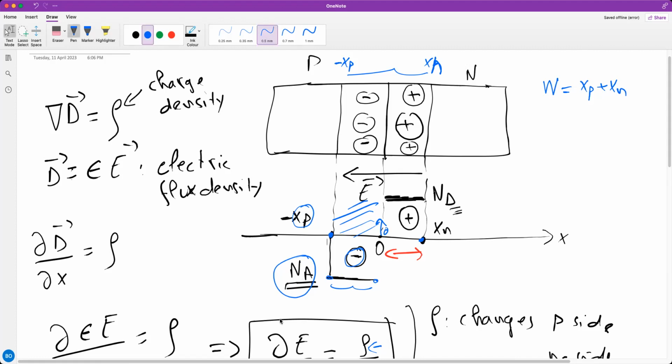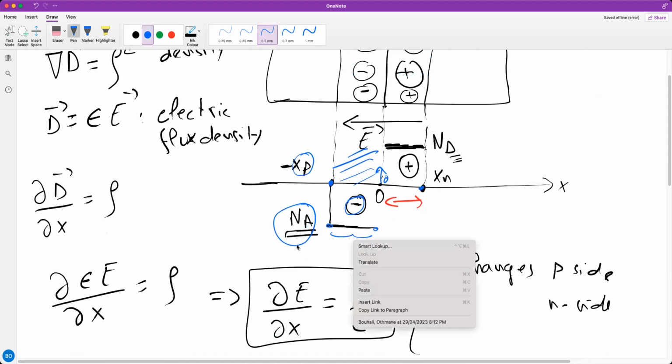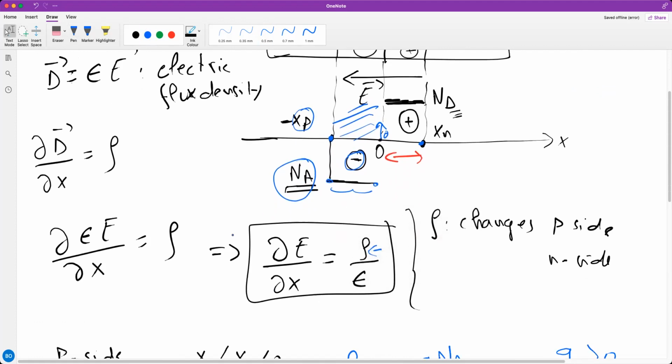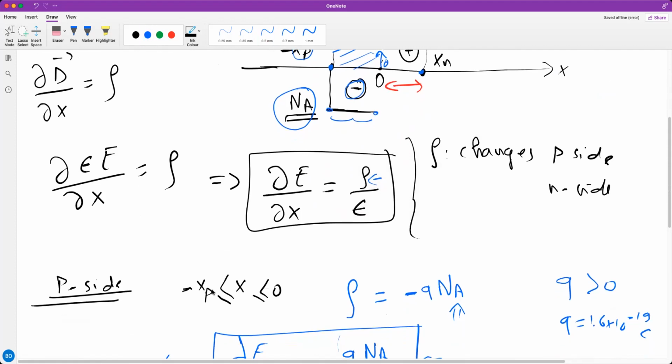So in this region, from minus xp to 0, the charge density is equal to minus q NA, because we have a number of acceptors per cubic centimeter, times the charge of one electron.